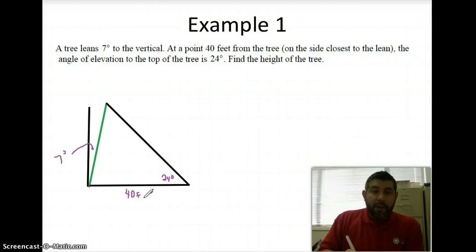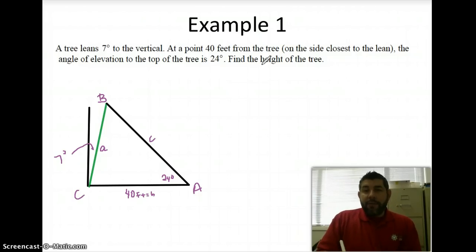Let's label this triangle ABC, and then this is a little c, a little a, little b. We're to find the height of the tree, and in this case, the height of the tree is going to be a, because this is our tree.